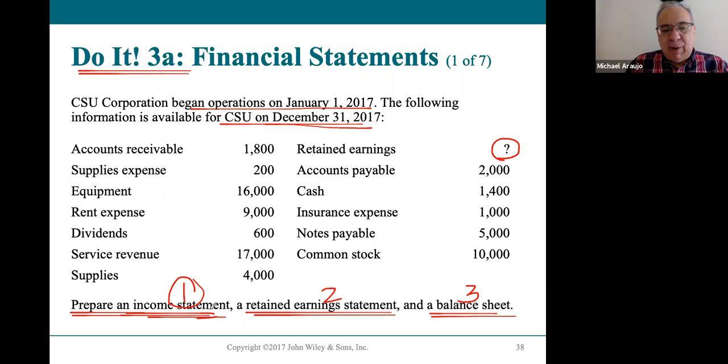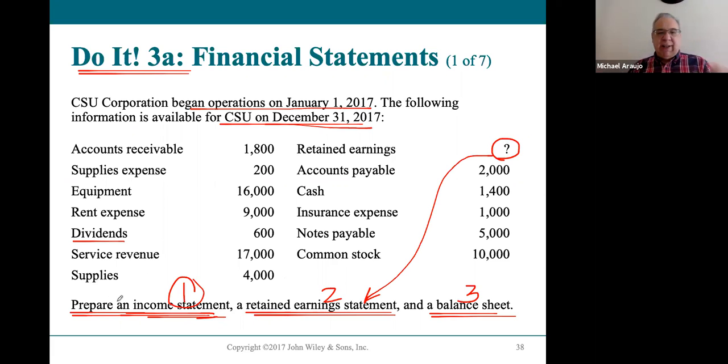You have to find out what the profits are. You know that there's dividends here. So the question mark will be answered after you prepare the retained earnings statement. The question mark will be answered there. So that's what all this stuff means.